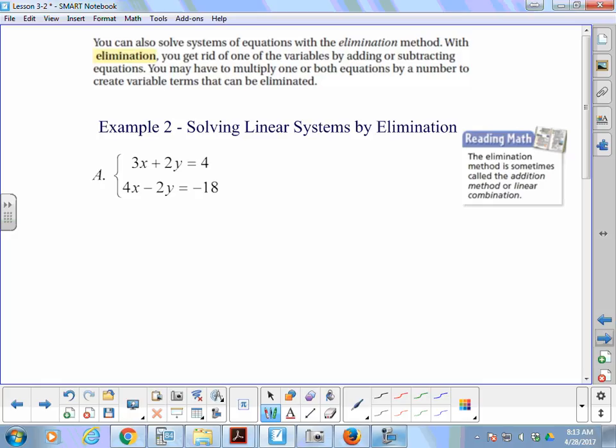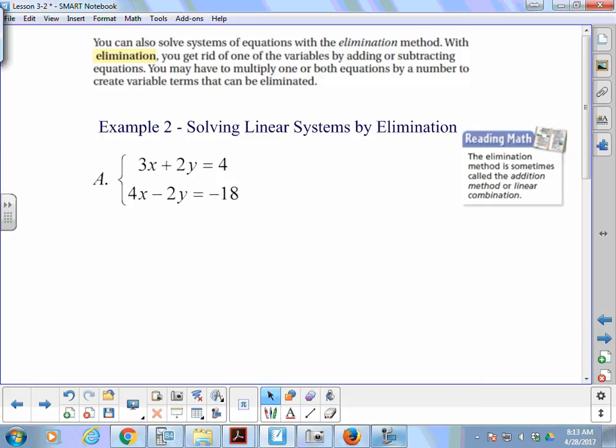Which means that if I have 4x in one equation, I want negative 4x in the other equation. What I'm going to do is add them together, and to eliminate means that one of them is going to go to 0. Either the x coefficient or the y coefficient is going to be 0.